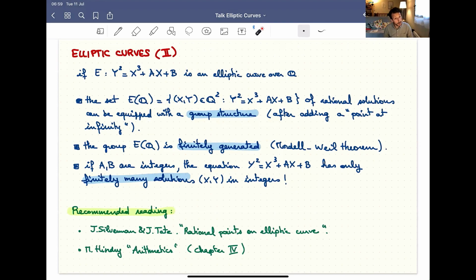And Joe Silverman has written 2 further books on elliptic curves, which are much more difficult, but they're the next step if you're interested in this topic. And I should also recommend a book by Mark Hindry. It's called Arithmetic, and chapter 4 in there contains a lot about elliptic curves.